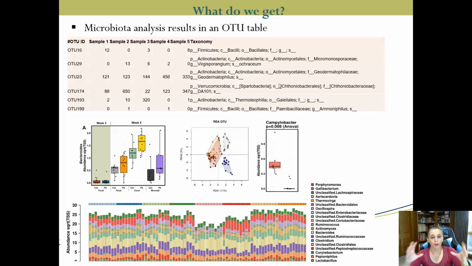A lot of people look at this table like it's gospel, like we have found, for example, that this OTU has 88 cells in sample 1 and that many more in sample 2, and let's say the taxonomy says Lactobacillus agilis, and people think that's Lactobacillus. It's not. This is just an approximation based on the data.